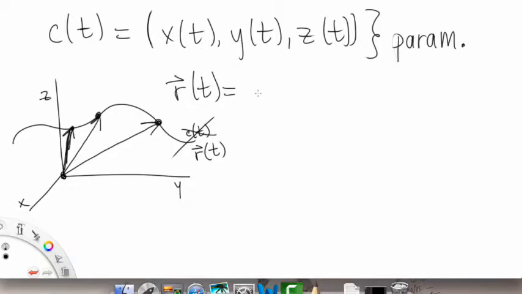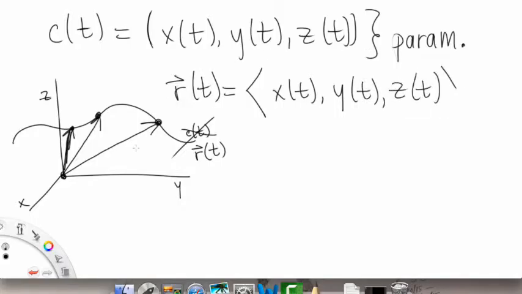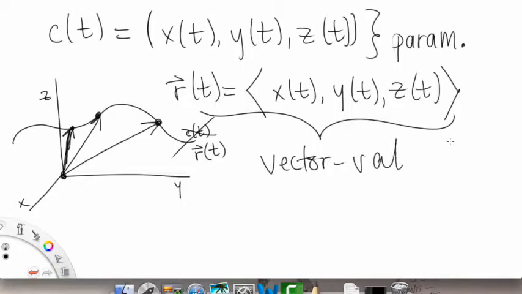So r of t is going to look exactly the same as c of t, but now instead of round brackets, we're going to have angle brackets. We still have our same x of t, y of t, and z of t, because we want to get to the same point, right? So this is a vector valued function, or we could also call it a vector parameterization.